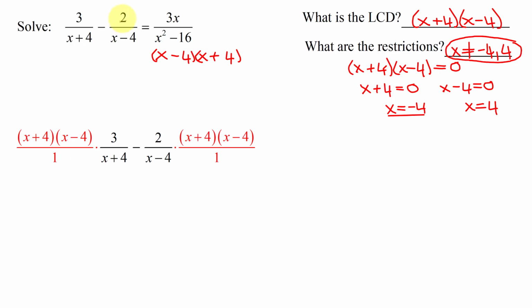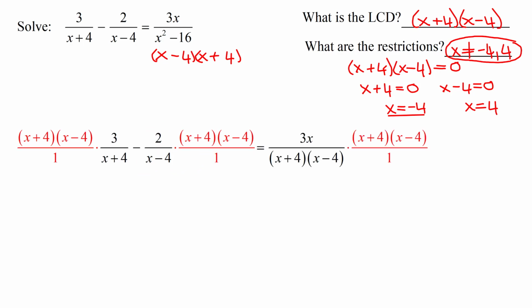Then I multiply the second term of 2 over x minus 4 by the LCD. And then finally, I have equals the third term on the right-hand side multiplied by the LCD. Now all I have to do is simplify this nasty-looking mess.